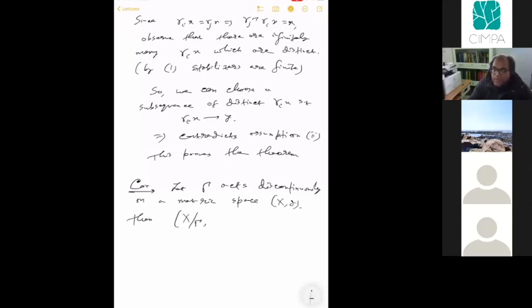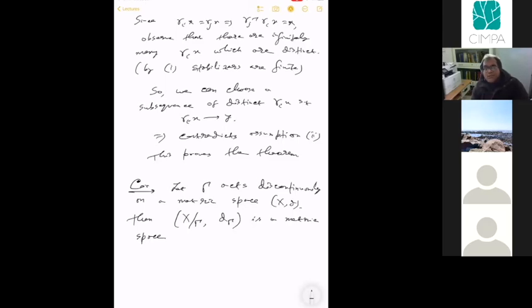Then (X mod gamma, d_gamma) is a metric space. So this is an immediate corollary to this theorem, and one of the results that I have proved at the beginning, that X mod gamma is metrizable if and only if you have closed orbits, right? So that's what we have proved at the beginning. So this too gives you some idea.